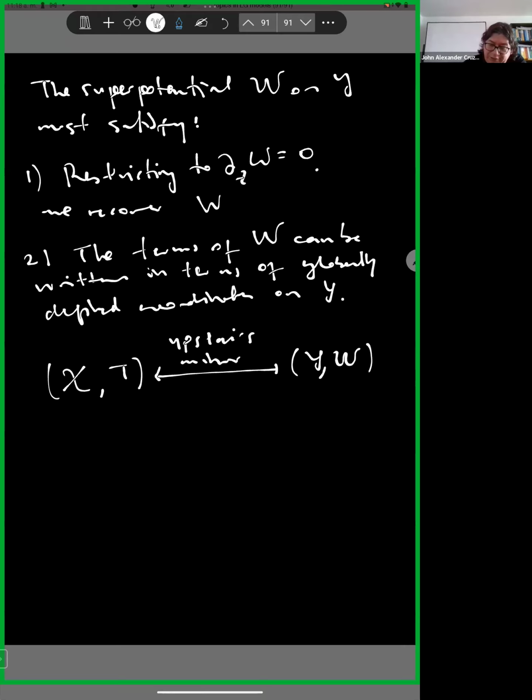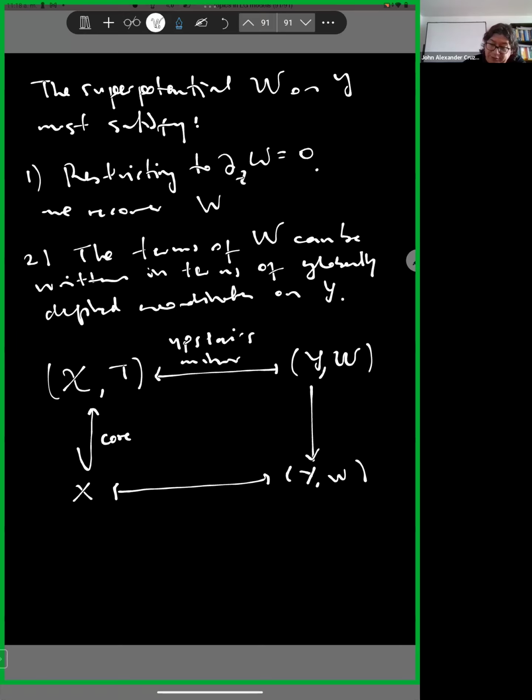So you have here this curly X, and then you can construct the mirror of it, which is Y with W. And you have this fibration between curly Y and Y. This is a Lagrangian fibration.